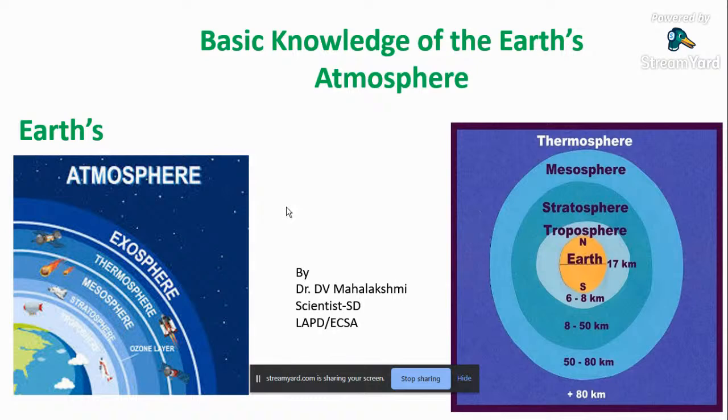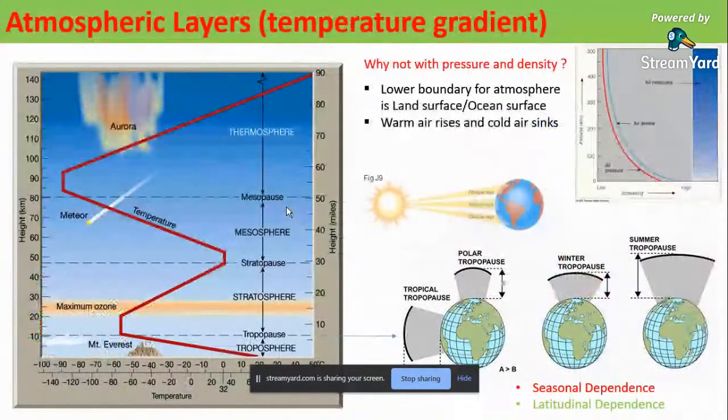As we know, atmosphere is divided into different layers, starting from the earth surface. The lowest part of the atmosphere, up to 10 to 16 kilometers, we call troposphere. The atmosphere is comprised of layers based on temperature. Why not with pressure and density?